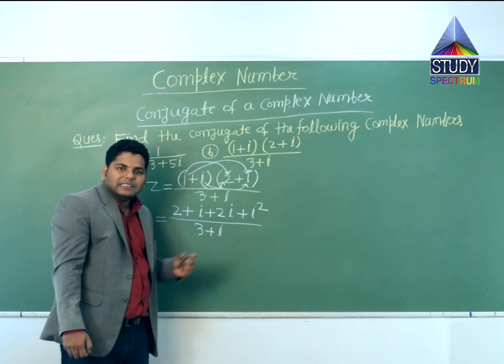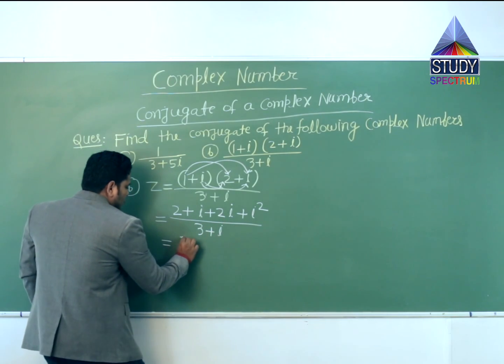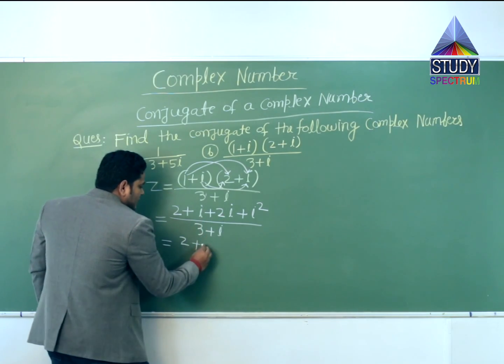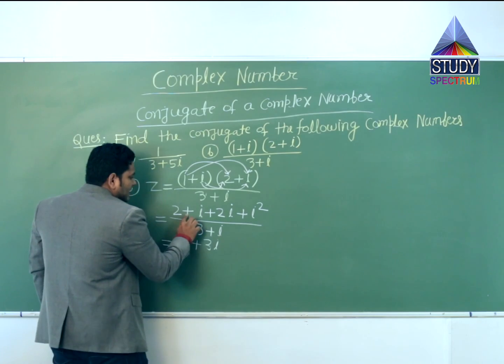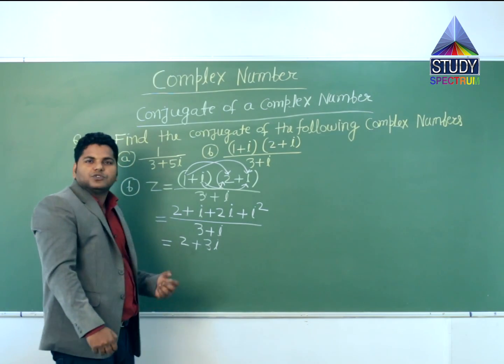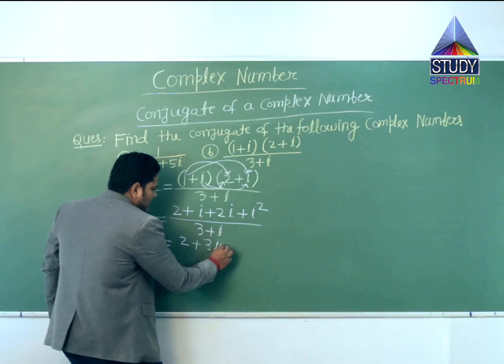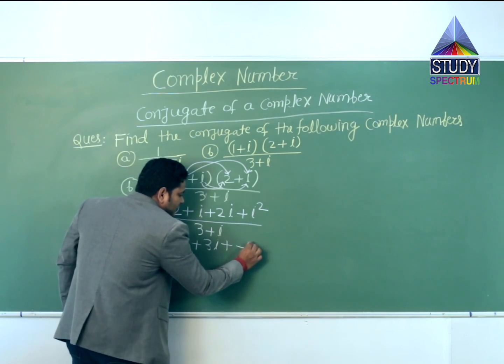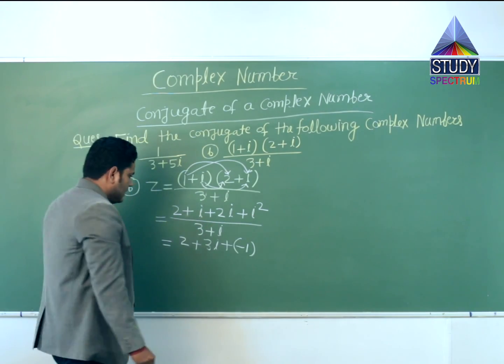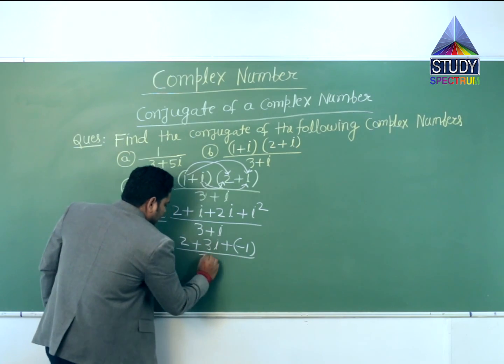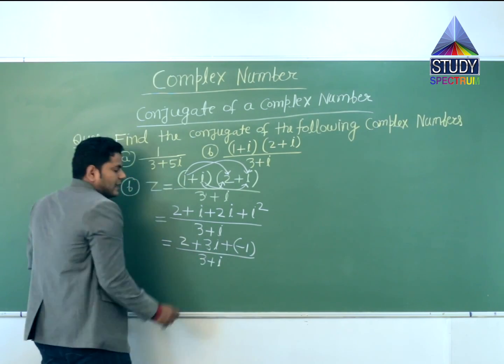So i plus 2i is 3i, and here it is 2. Plus i square is minus 1, divided by 3 plus i.